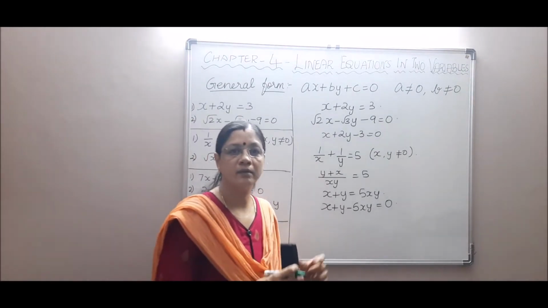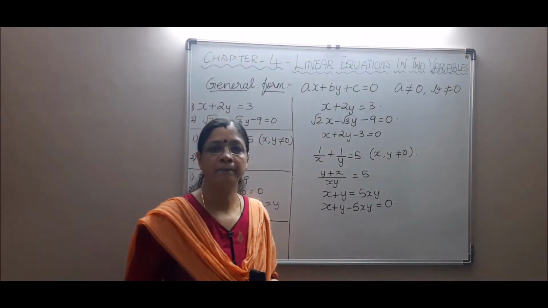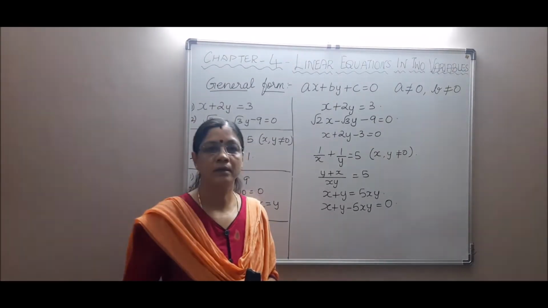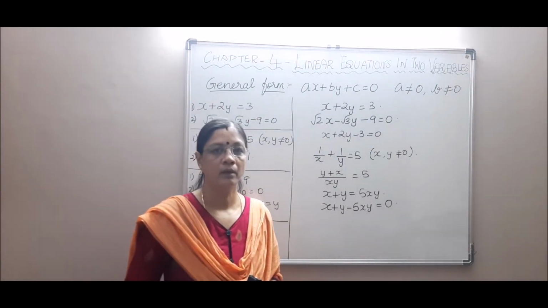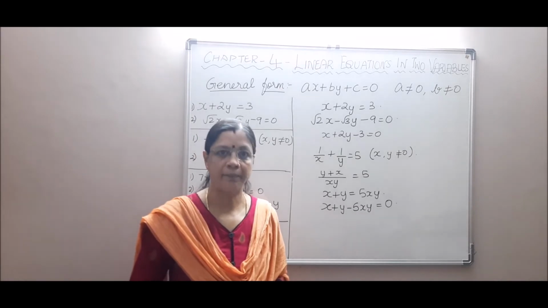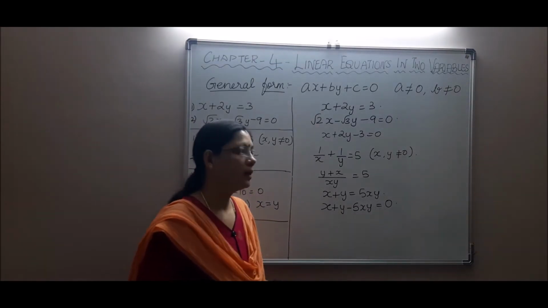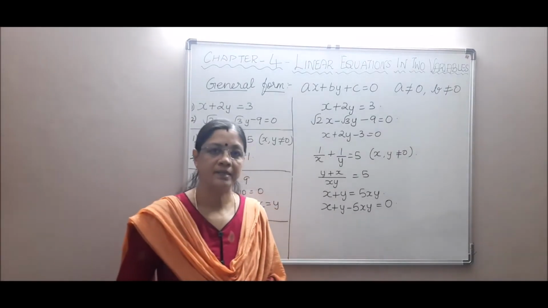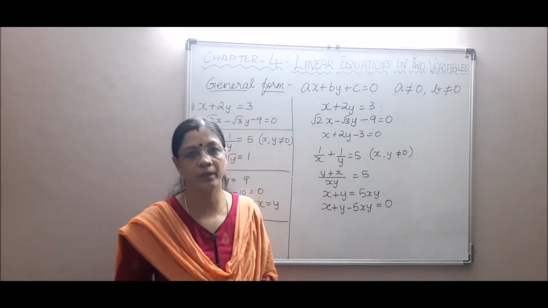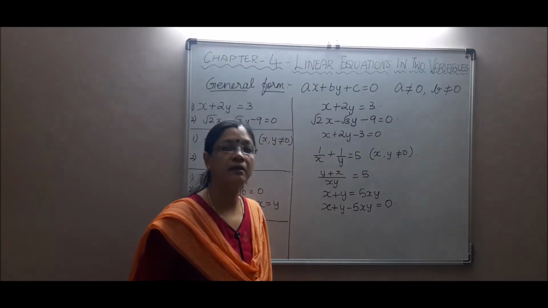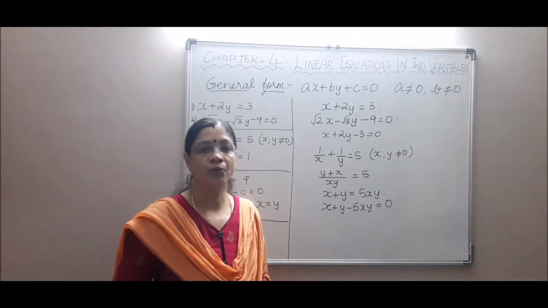But when you observe the equation, is it linear? We know how to find the degree of the polynomial. We have studied it in the polynomial chapter. So please tell me whether this is a linear equation. No, it is not.